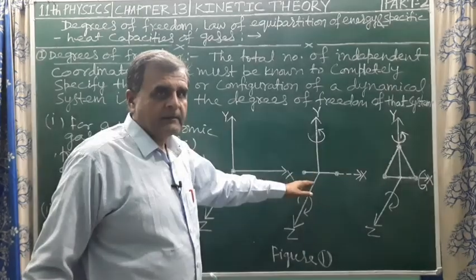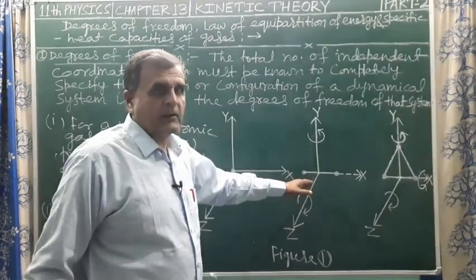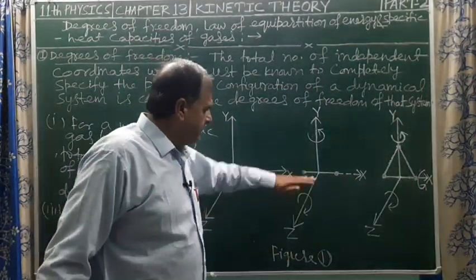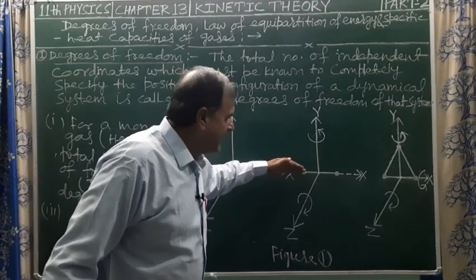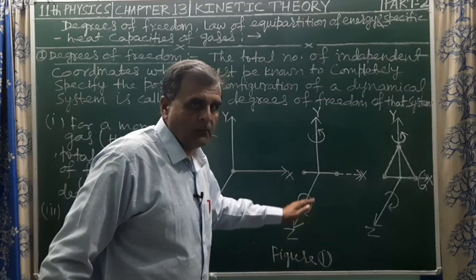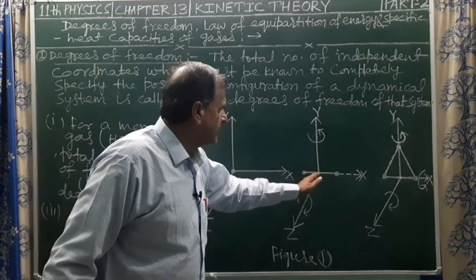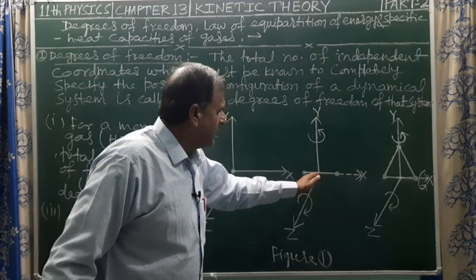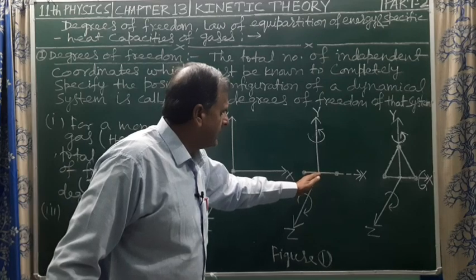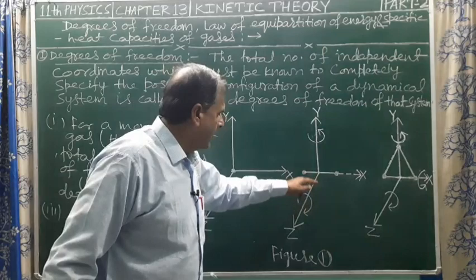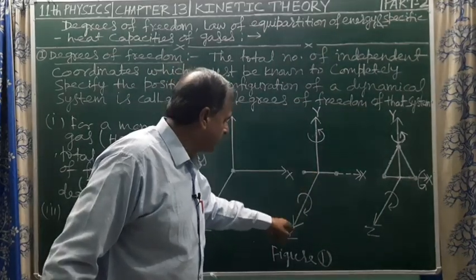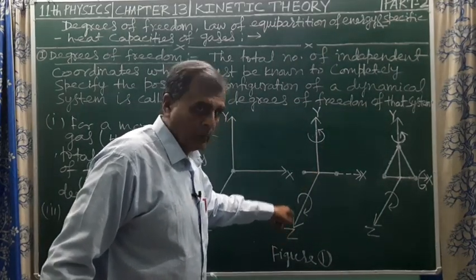passing through its center of mass. If a diatomic molecule is lying along x-axis, so this system can rotate perpendicular to its center of mass, that is along y-axis, and also another perpendicular axis, z-axis, both.